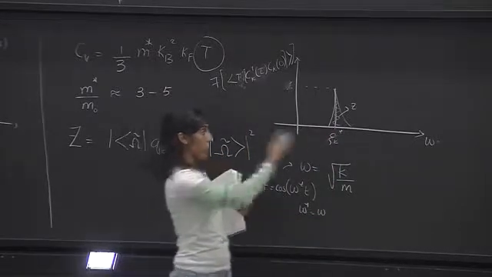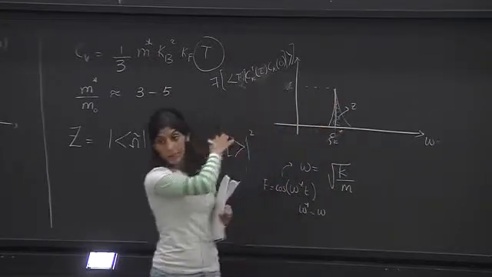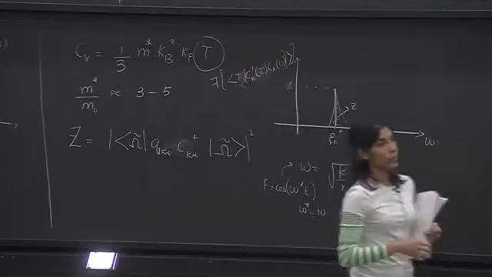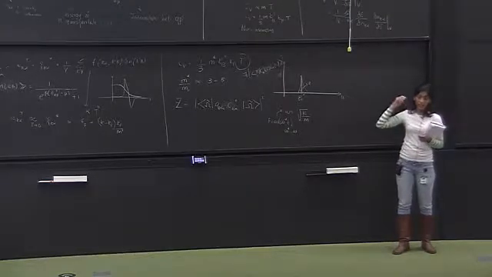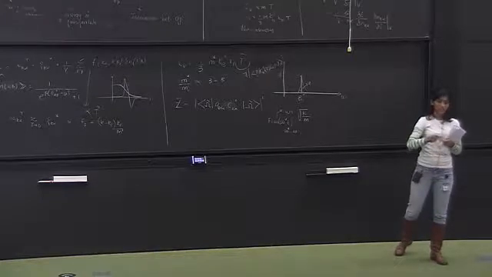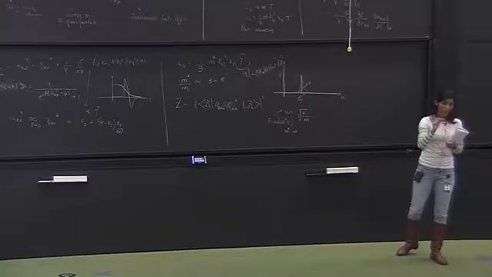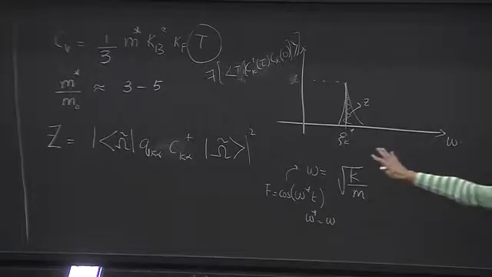When you do experiments, you do see it, and you can measure this Z. So this is one way in which you further test this idea of a quasi-particle, the idea that the system shows sharp resonances at certain frequencies, which has an interpretation as having particles at that energy. Okay, that's what I want to get across.